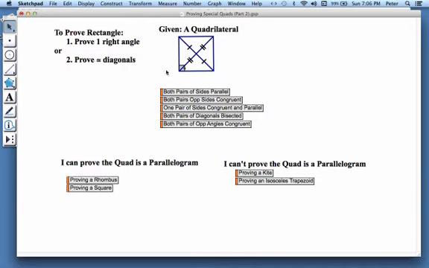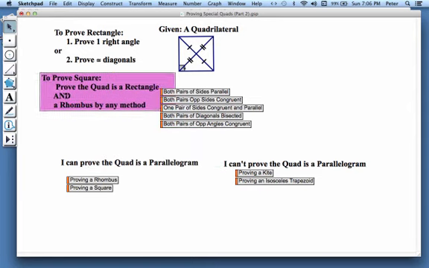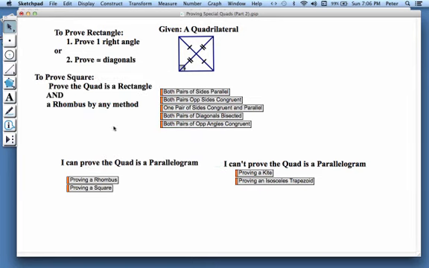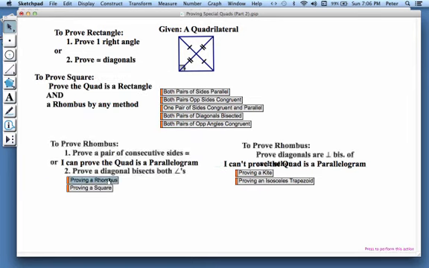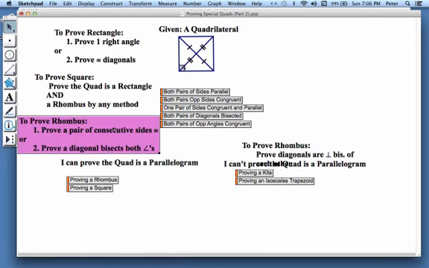So I can at least prove it's a rectangle. Let's go a little bit further and see if we can prove it's a square. For a square, I'll need to show that the figure is also a rhombus. And to prove that it's a rhombus, after knowing that it's a parallelogram, I would need to show that I had one pair of consecutive sides congruent, which I can't, or that the diagonals both bisect the angles, and I can't do that.